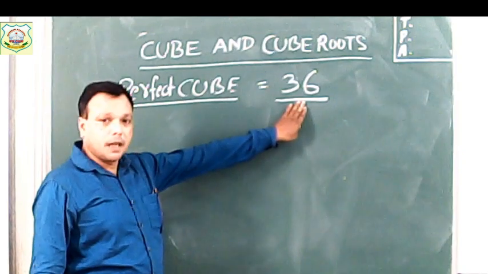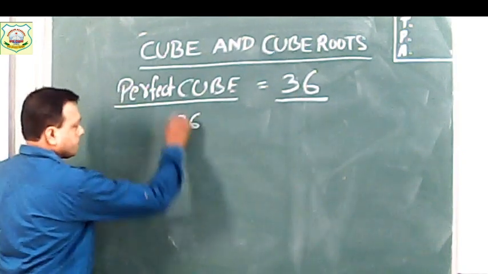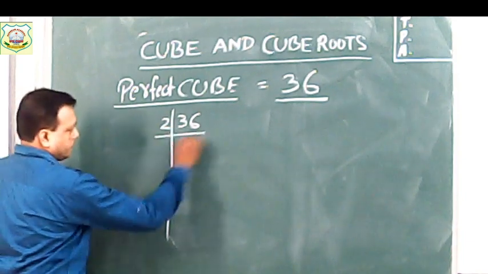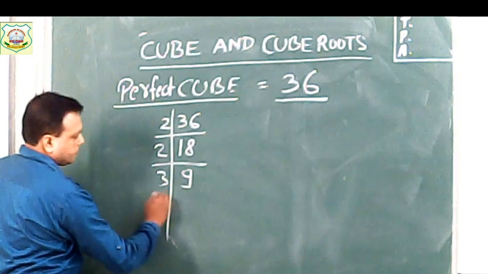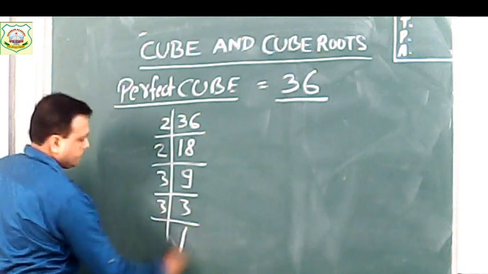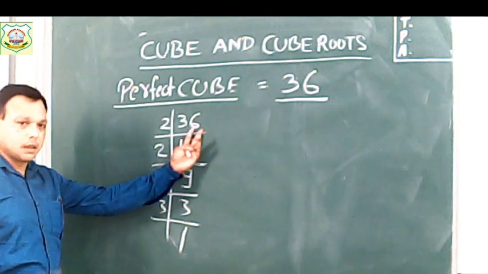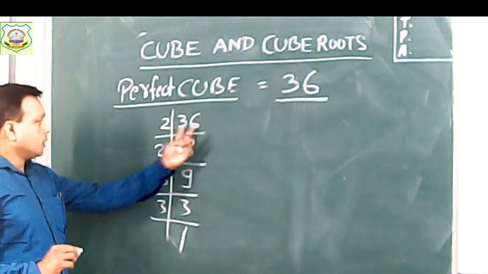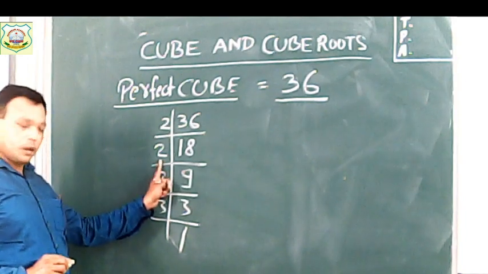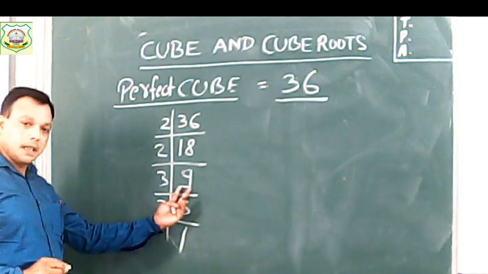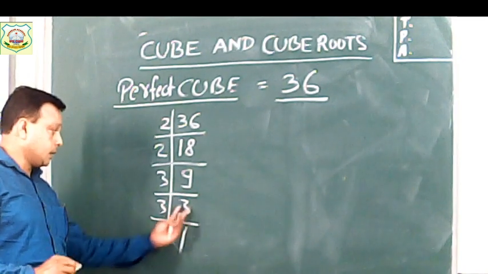First I will find the prime factorization. Look, 6 is the unit place digit, which means it is divisible by 2. 18, now again the unit place is 8, divided by 2. 9, now 9 is divided by 3. 3 threes are 9 and 3 ones are 3.